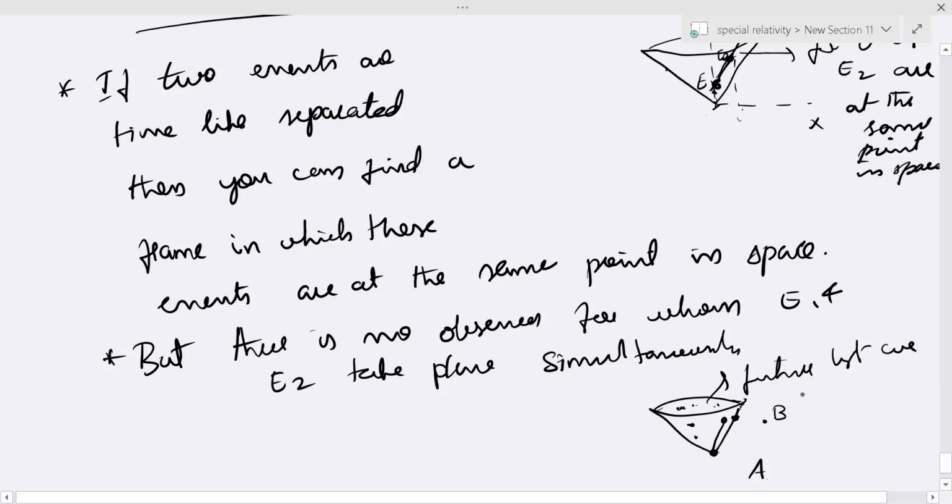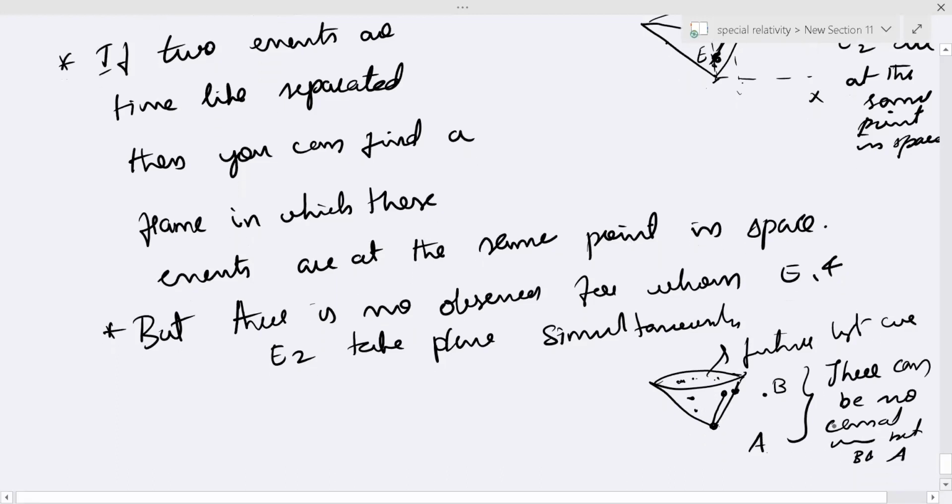So in this case, there can be no causal connection between B and A. No observer can say that B is caused by A. This is not possible because B is outside the future light cone of A. This region is known as the elsewhere region corresponding to A. You can reach any event inside the light cone of A by traveling at different speeds.